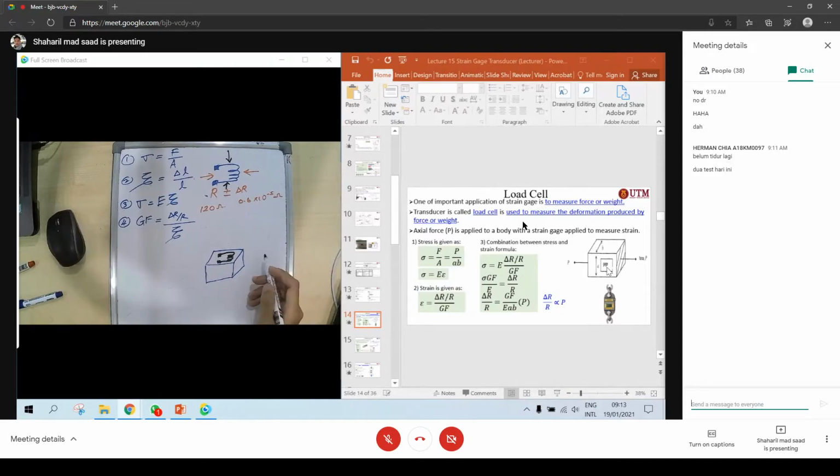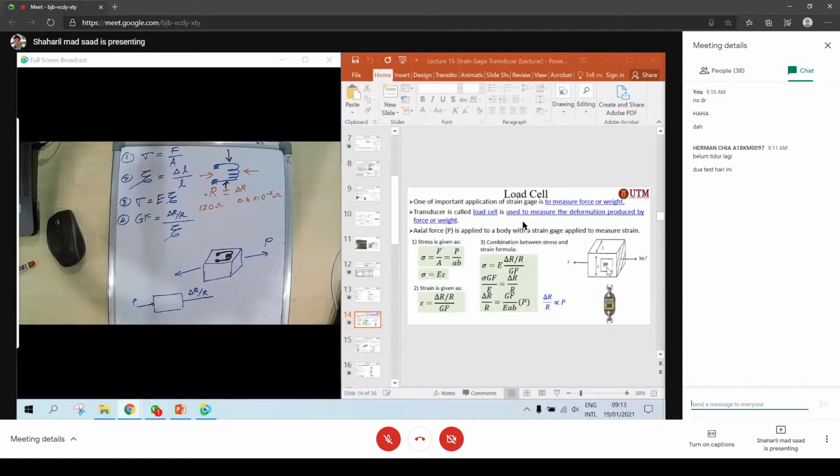So what we are going to know about it, the relationship is quite simple. For example, you apply the force P. The input will be P, and the output will be delta R over R. For example, apply 50 Newton, so what is the value of delta R over R? We are going to find the relationship for this load cell.